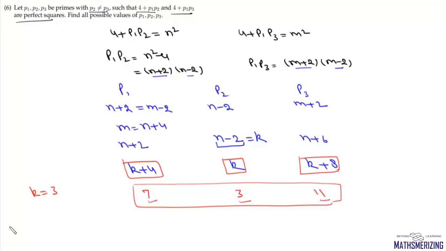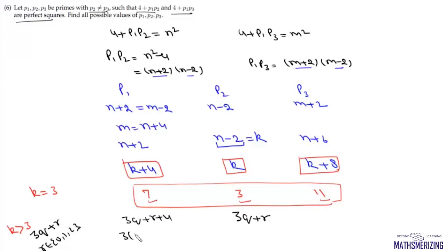Now what about numbers greater than 3? Any number greater than 3 will be of the form 3q plus r, where r is 0, 1 or 2. So we'll take this k as 3q plus r. Then k plus 4 will be 3q plus r plus 4.